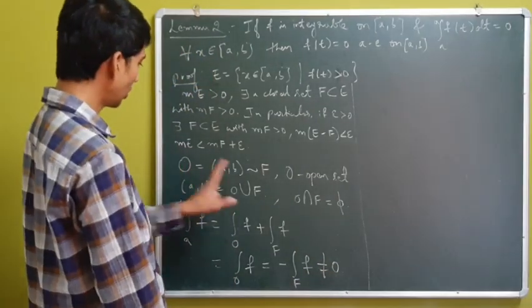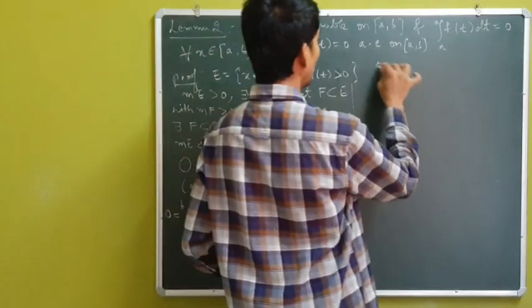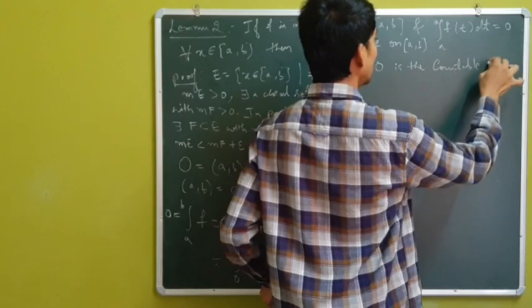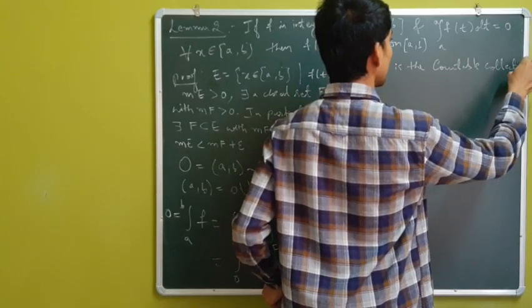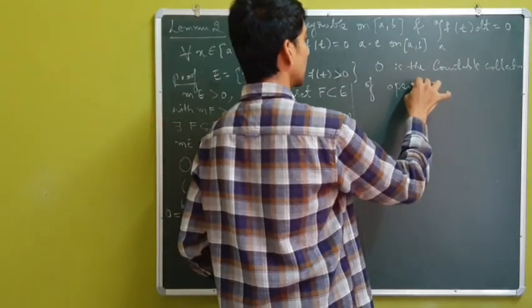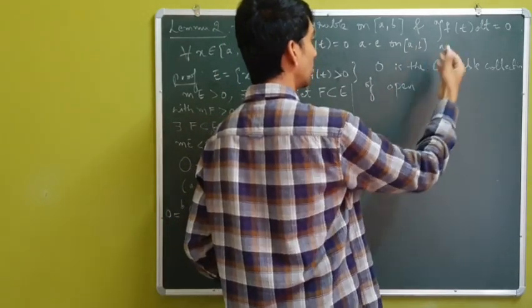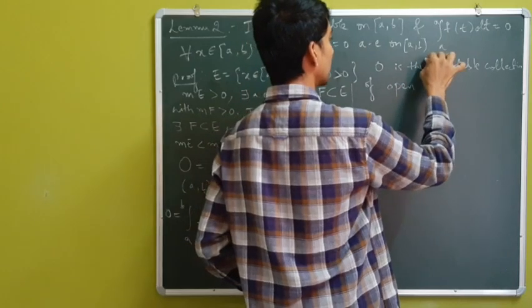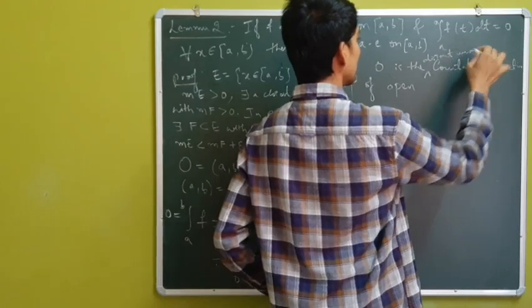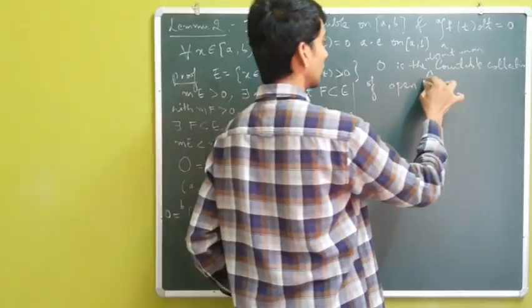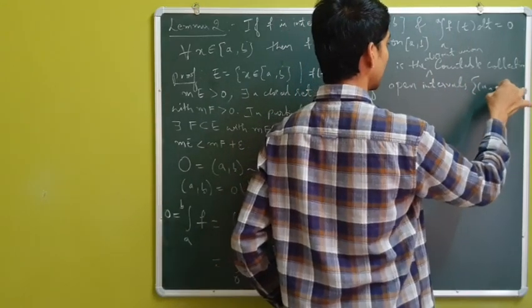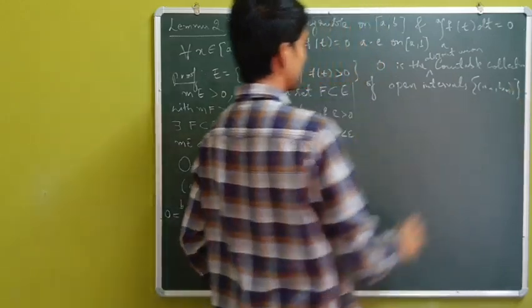But given O to be an open set, O is the disjoint union of a countable collection of open intervals. Say I will consider (a_n, b_n).